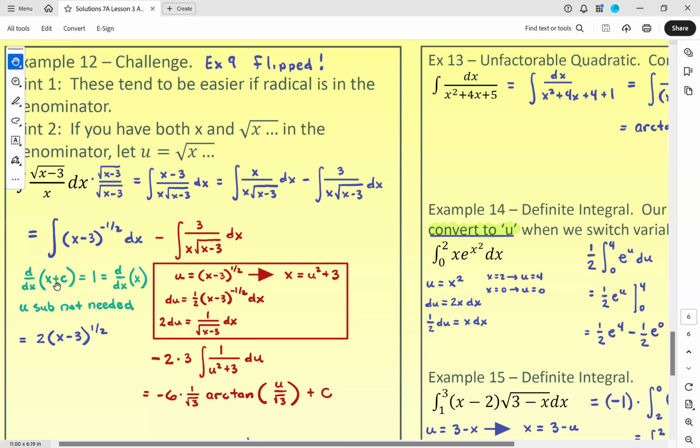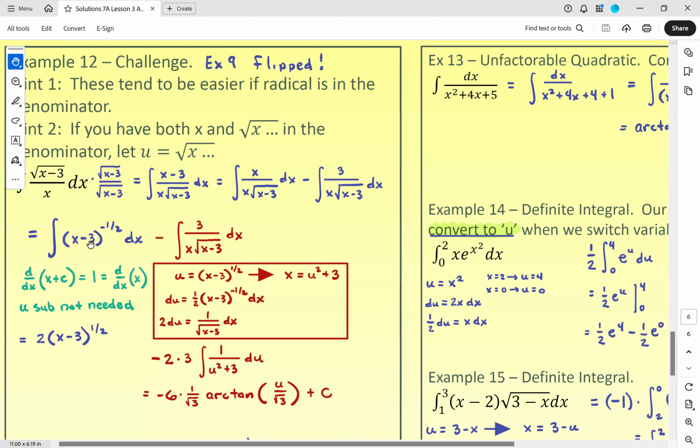There aren't going to be any extra numbers popping in as multiples when I go through the U sub. So I see something like this with a 1x minus 3, and I'm very happy because x minus 3 behaves the same as x plus any constant behaves the same as x.